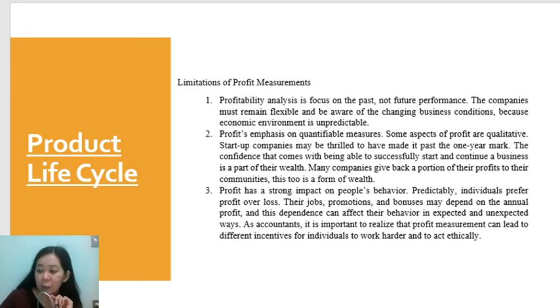Because again, as mentioned before, profit measurement will also help the management in determining the performance of the division, the managers, and so on, in providing benefits or punishing them for not doing well.